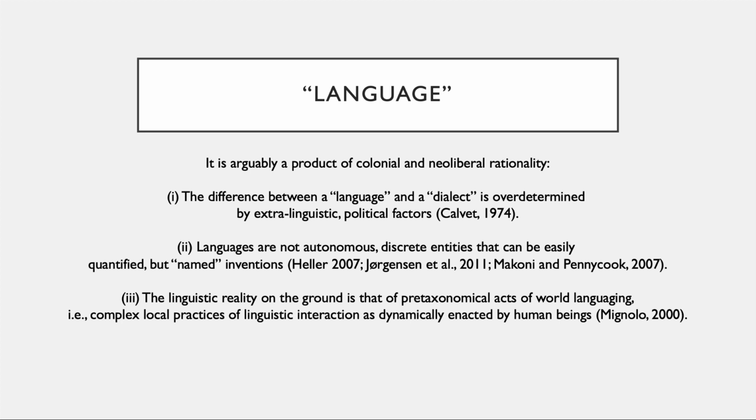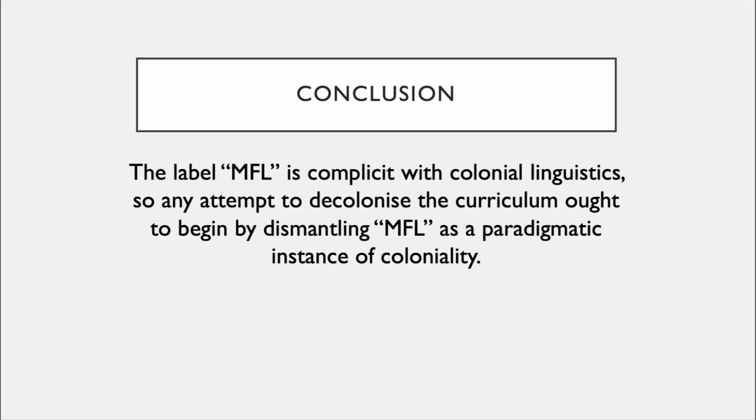All there is on the ground are pre-taxonomical acts of world languaging, meaning complex local practices of linguistic interaction as dynamically enacted by human beings. So in conclusion, if we are to decolonize the so-called modern foreign languages curriculum, the first step ought to be the dismantling of that very label, which is, as I've shown in this presentation, very complicit with colonial linguistics, which is what we're trying to dismantle in the first place.